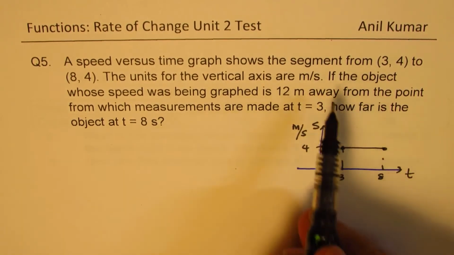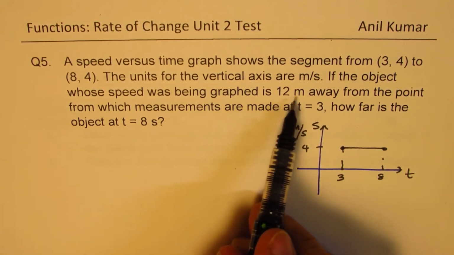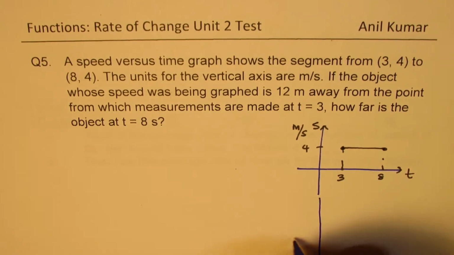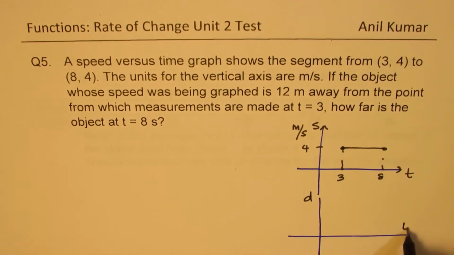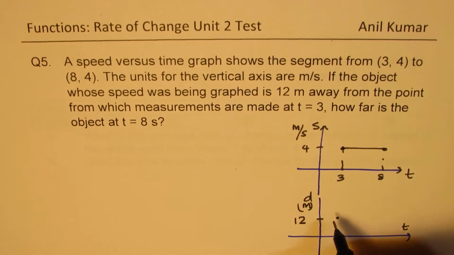Now we are saying the object whose speed was being graphed is 12 meters away. So if we talk about position or distance, let's say distance and time, then at t equals 3 the object is 12 meters away, right? Perfect.